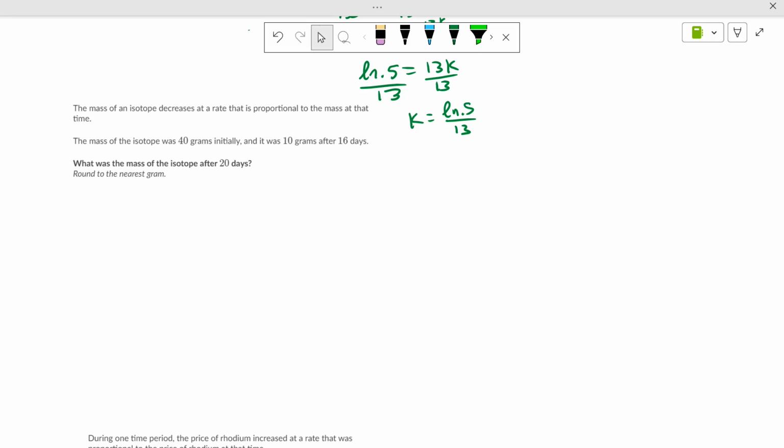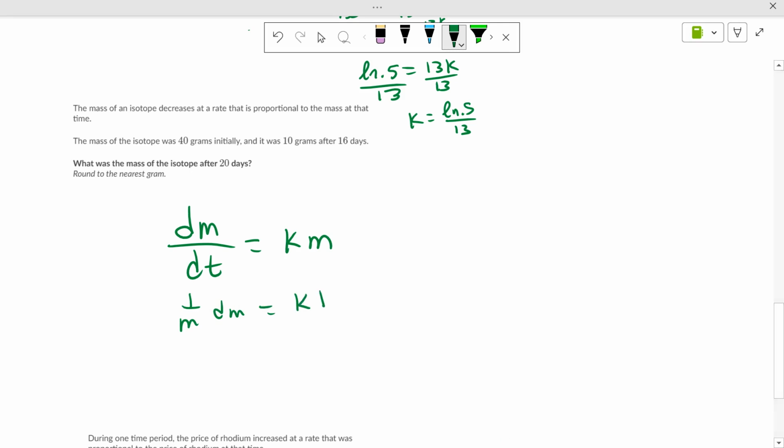The mass of an isotope decreases at a rate that is proportional to that mass at that time. So dm/dt equals km. So if you do this, 1 over m dm equals k dt.